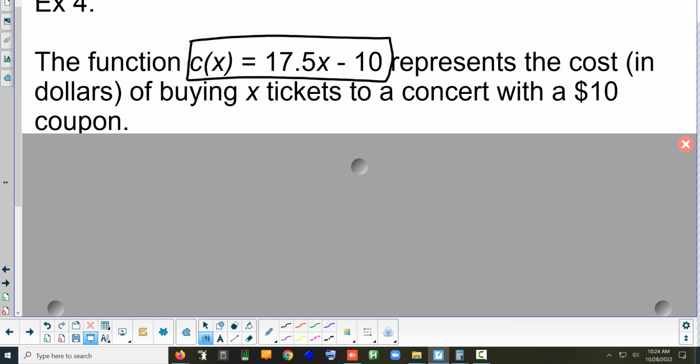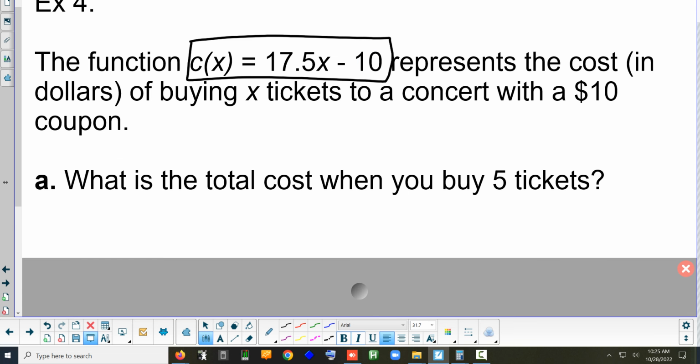And if you look at the formula, it kind of tells you how much each ticket is to go to the concert. How much does it look like each ticket is? Caleb? $17.50. So if you buy one ticket, you pay $17.50 and you get $10 off. If you buy 4 tickets, well, it's $17.50 a ticket times 4 tickets, but you still get $10 off. You don't get $10 off every ticket. You just get $10 off total. Doesn't matter how many tickets you buy.